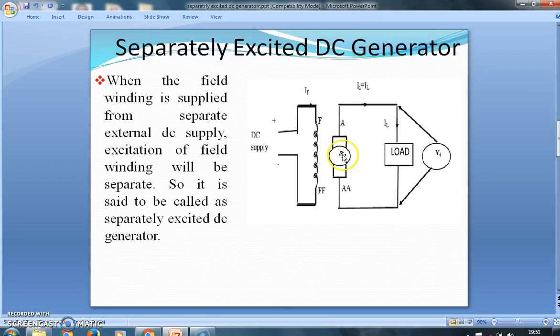To keep the IaRa drop to a minimum, the resistance Ra is designed to be very small. In addition, there is some voltage drop at the brush contacts, called the brush contact drop. But this drop is negligible, hence generally neglected. So in all, the induced EMF has three components.